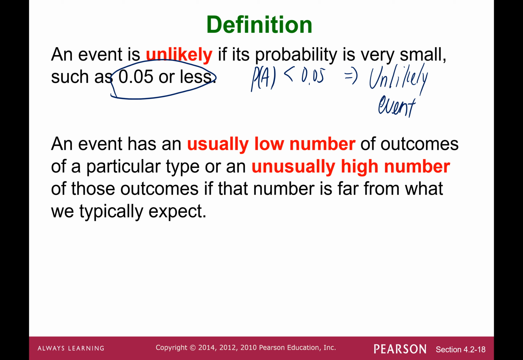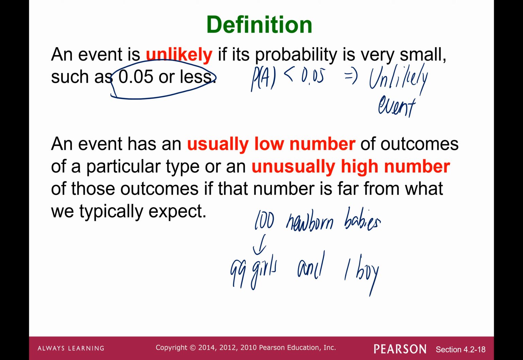Also, let me give you an example. Let's say you observe 100 newborn babies, and it turned out you have 99 girls and then 1 boy.